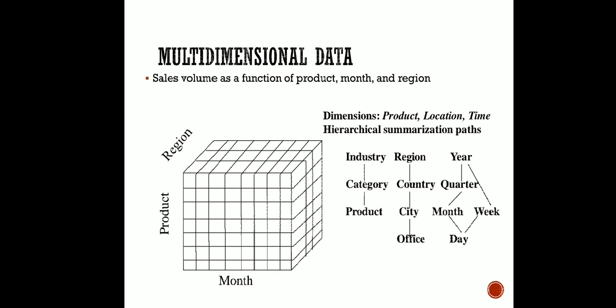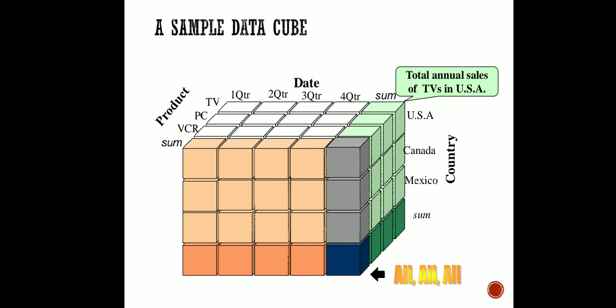Let me see an example. In the product category we have incorporated some products: one is VCR, another is PC, another is TV. Based on the date we have divided the date into 4 quarters, and in the country part we have depicted Mexico, Canada, and USA.